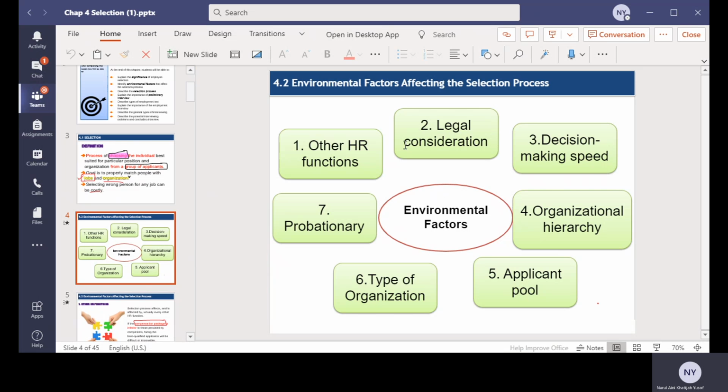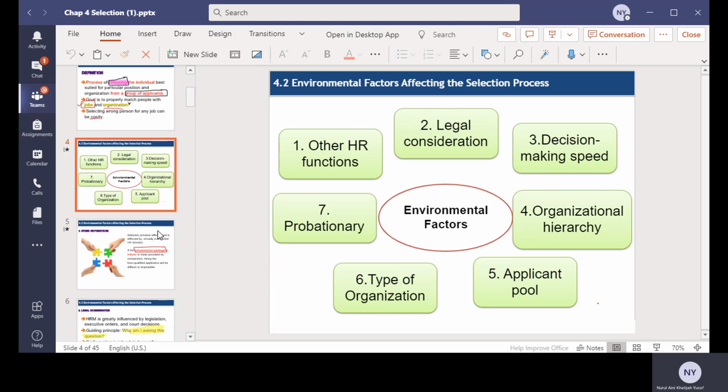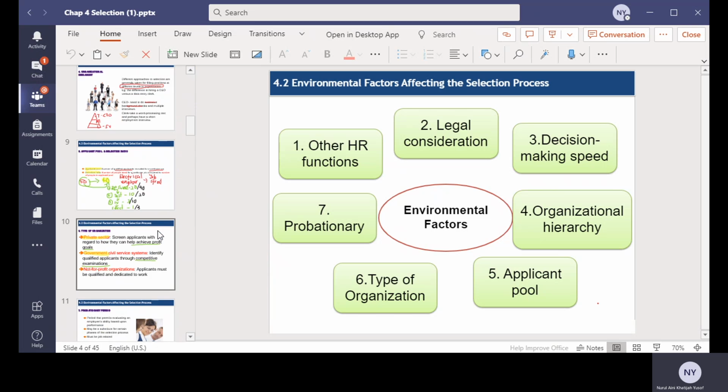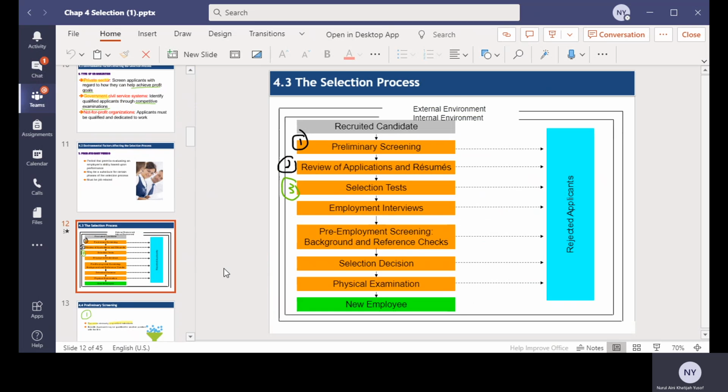Okay, so let's say one day, we don't know, maybe you are working in a human resource department and your manager assigns you to be in charge of recruitment and selection. So these are some of the important tasks that you should focus on. Okay, so these 7 factors will affect the selection process, and I also have explained to you this process.